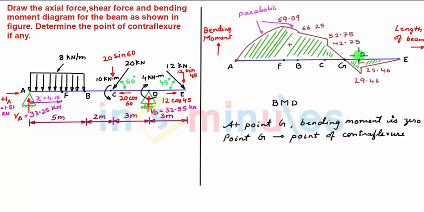So to determine the point of contraflexion means to determine the position of this point G with respect to some reference point. Let the distance of point G with respect to roller support point D be x.